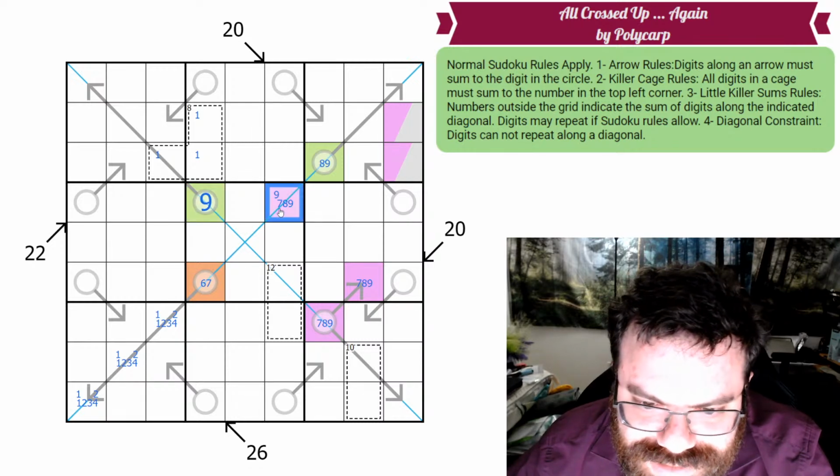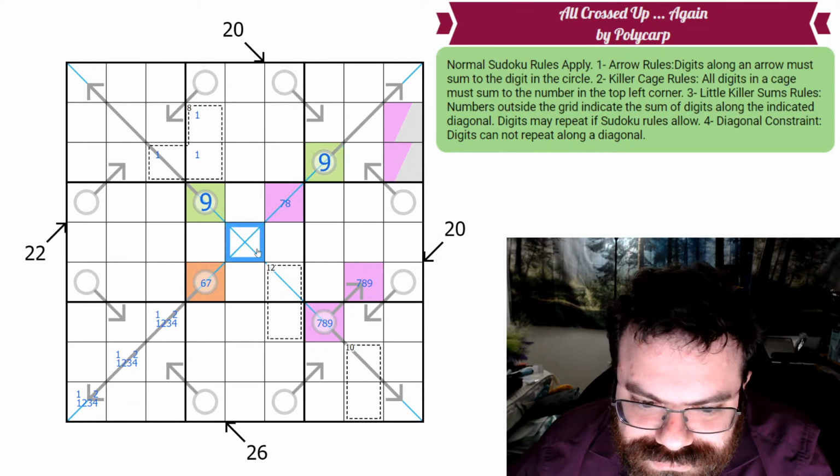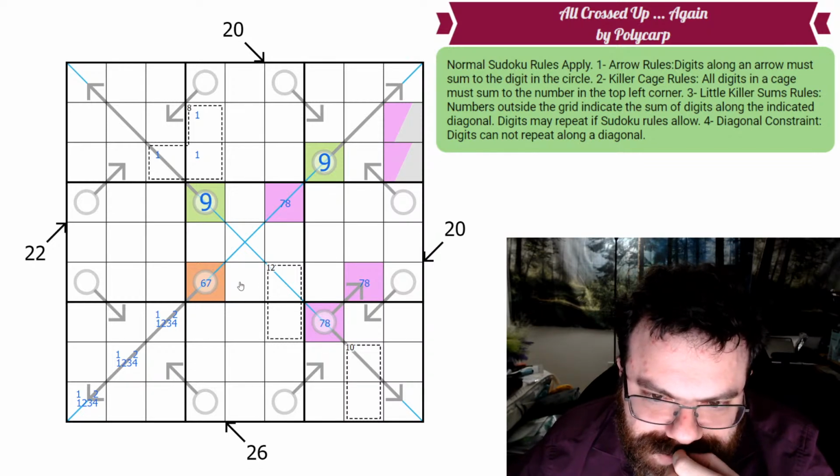Green as 9 didn't seem as restrictive. It kind of branches from here.